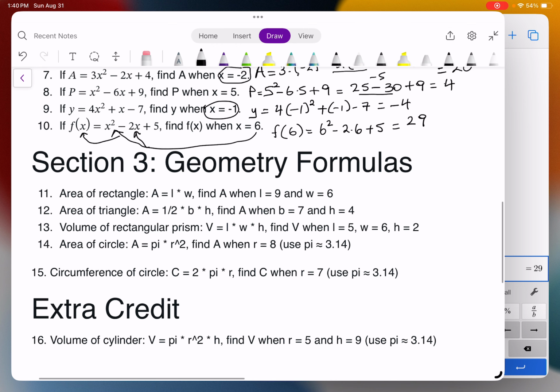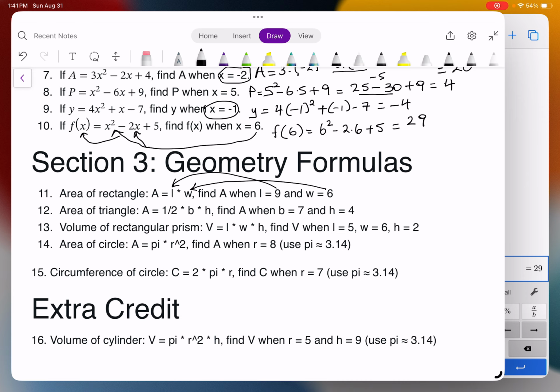And at the very last type of problems, we will work numbers on section 3, which we still have formulas, but those are formulas that come from geometry. So we will be replacing 2 variables at the same time. On number 11, we will replace the L times W, the L with a 9, and the W with a 6.